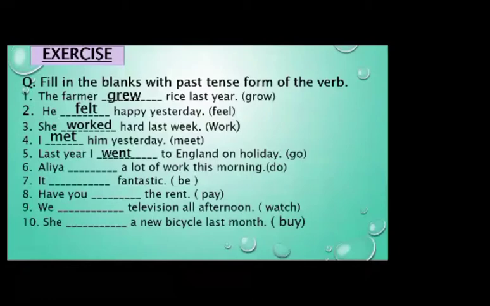Alia dash a lot of work this morning. Do. Who is going to give me the past form of the verb? Do, did. Very good. Now, it dash fantastic. Be. Who will give me the second form of the verb be? Was.